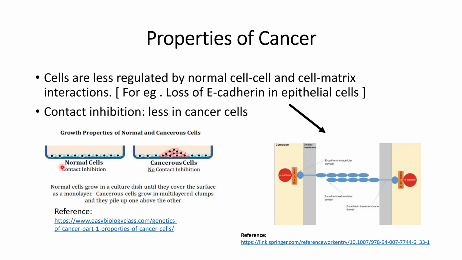Let us consider an example of in vitro cell culture. When the normal cell interacts with another cell, it sticks to it, and it prevents the further movement of the cell, and this is called contact inhibition.